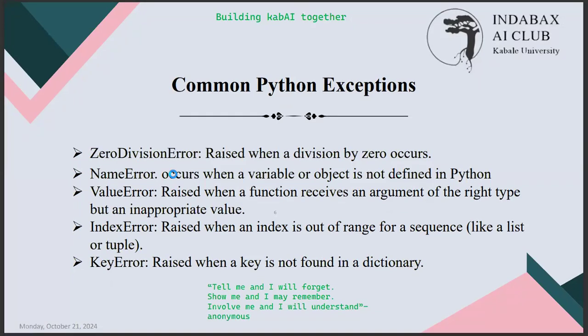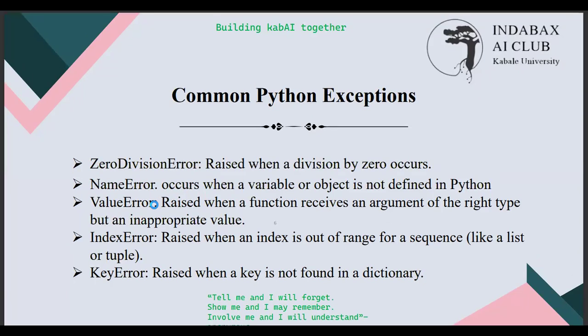So here we have other errors that we are also going to jump into and look at, like the name error, value error, index error, key error, and we shall see them practically, how they occur and how to catch them and prevent them from causing program crash.